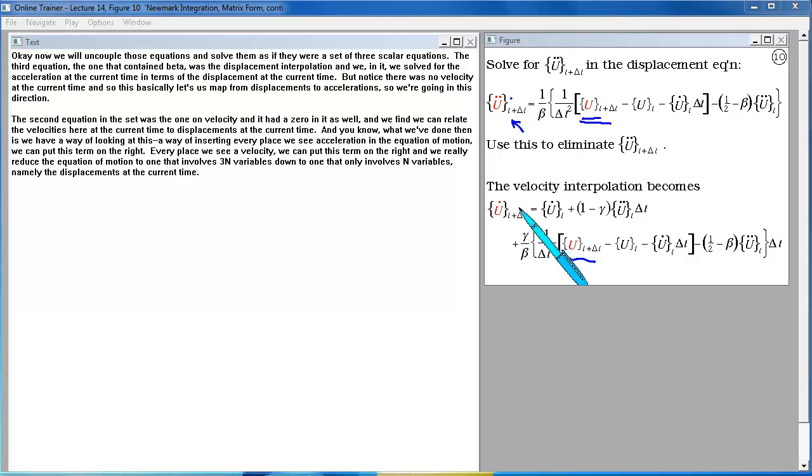Every place we see a velocity, we can put this term on the right. And we've really reduced the equation of motion to one that involves 3n variables down to one that only involves n variables, namely the displacements at the current time.